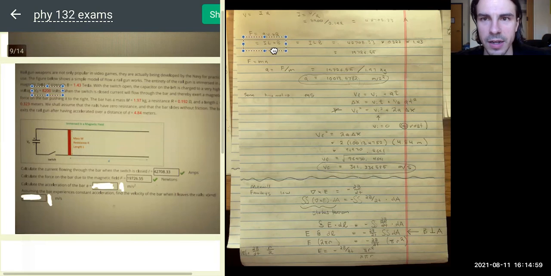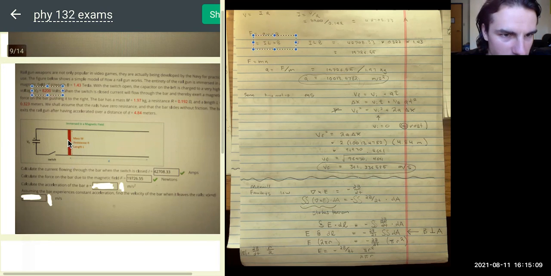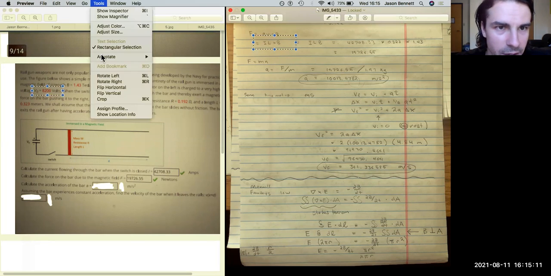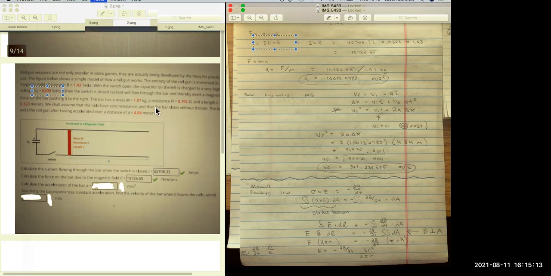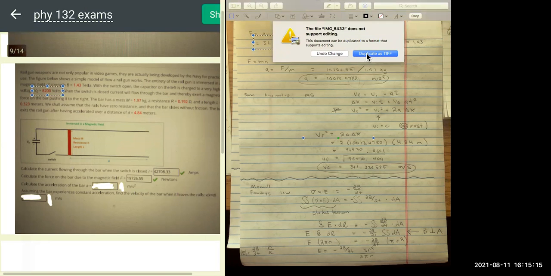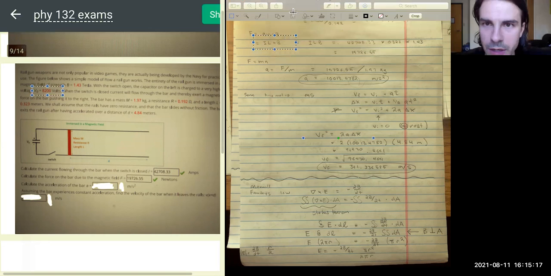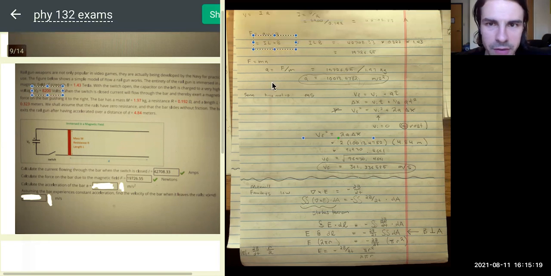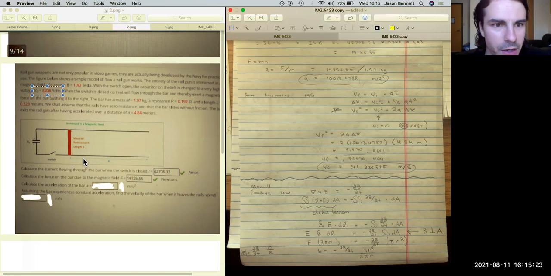So you did that, and the length is 0.323. I was just going to draw an arrow because of this cross product, but my computer's being annoying.